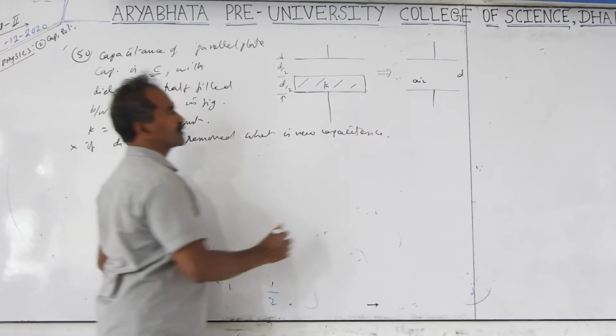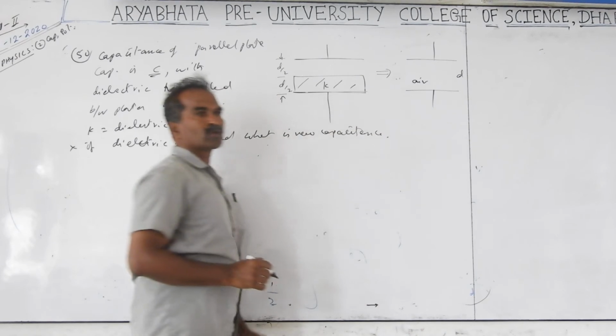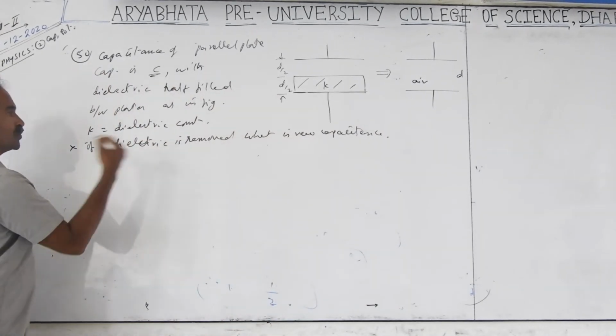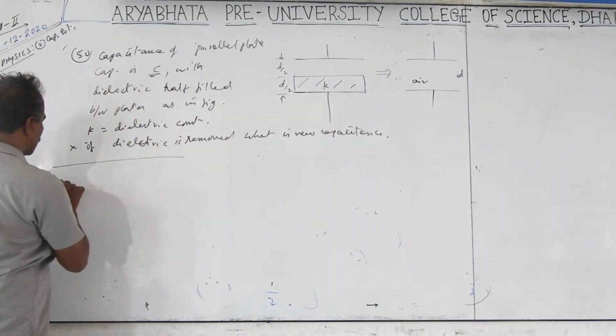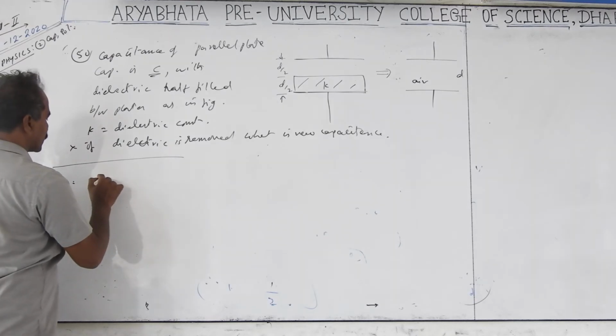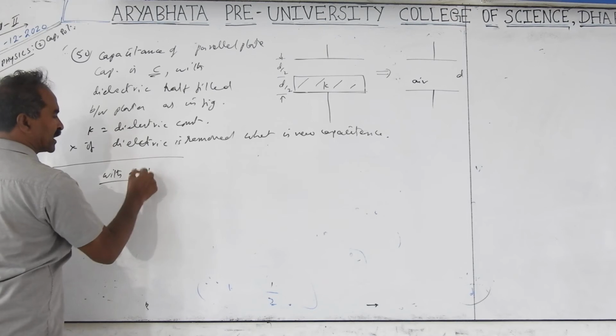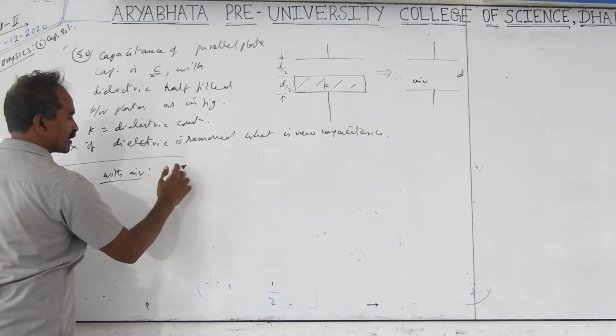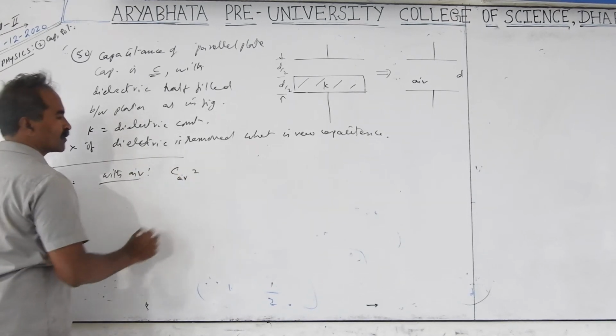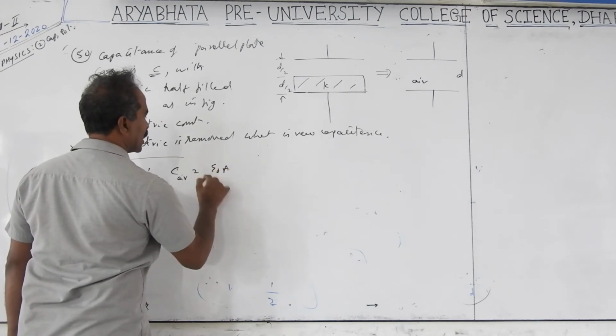With A given, the formula we have is epsilon A by D. That is the new value. The answer: for a parallel plate capacitor, C equals epsilon A by D.